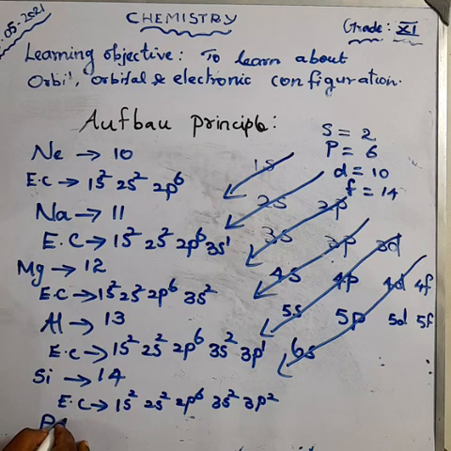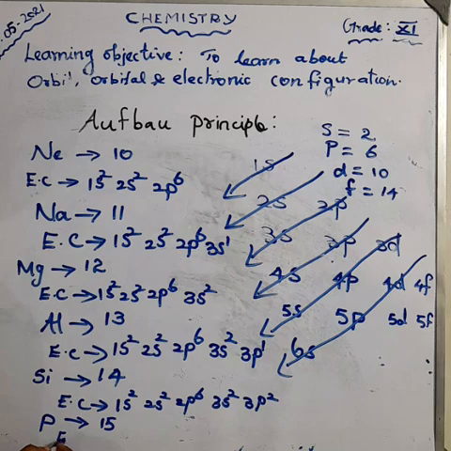Phosphorus. Atomic number of phosphorus 15. So electronic configuration for phosphorus.